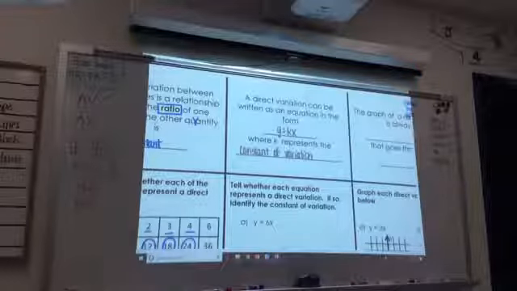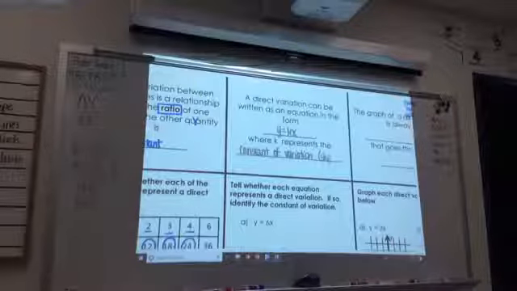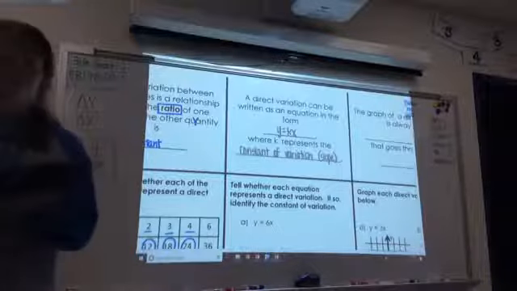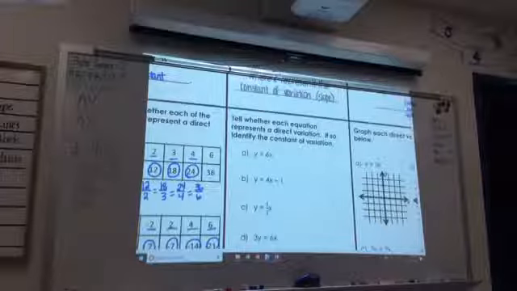Because remember, we're talking about direct variations. So we're going to have a constant of variation. Are we okay with that? And really, guys, you're right. It's very similar to finding the slope. Are we okay with that? So let's go look at these equations. Let's see if they fit direct variations.